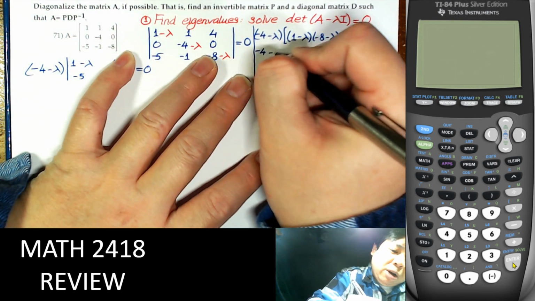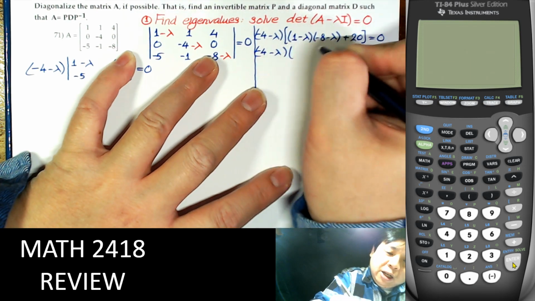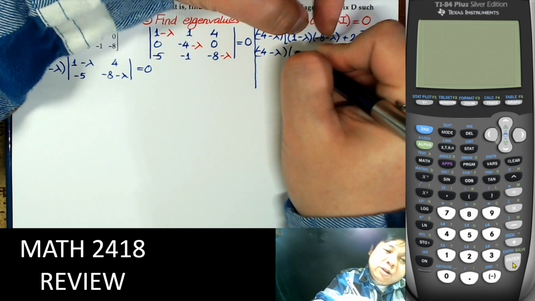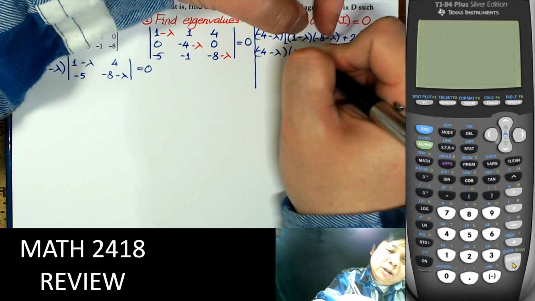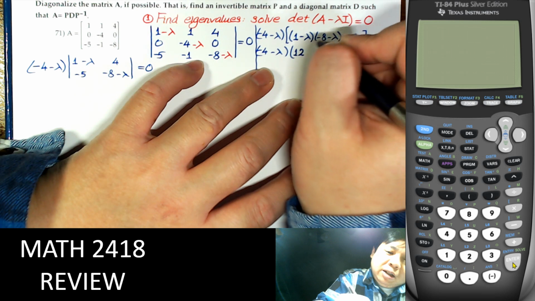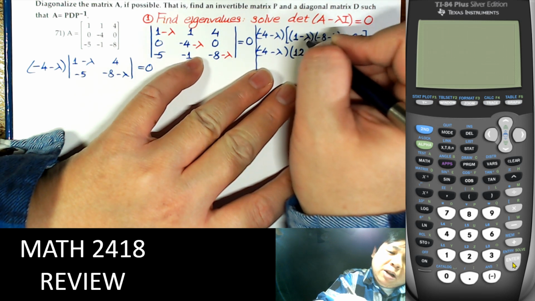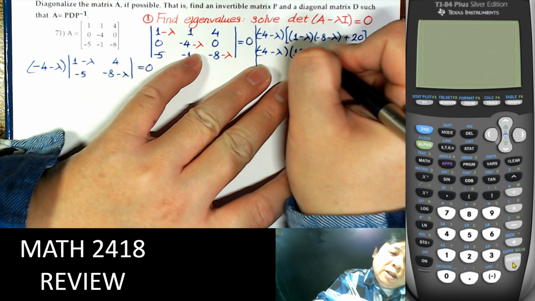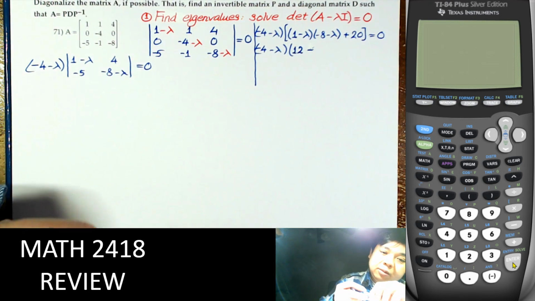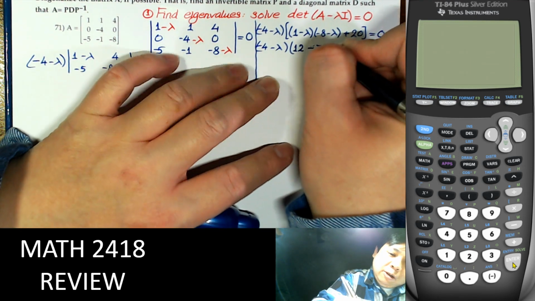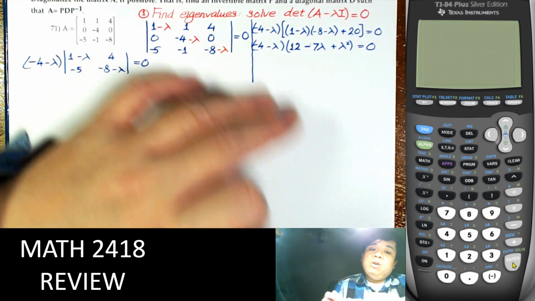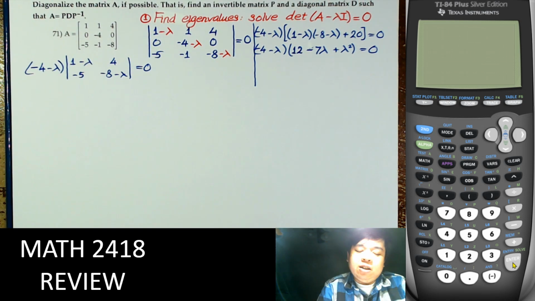So minus 4 minus lambda, and this will have 8 plus 20, so that's 28, and minus lambda, plus a lambda, so that's 7, and then plus lambda squared. Right.